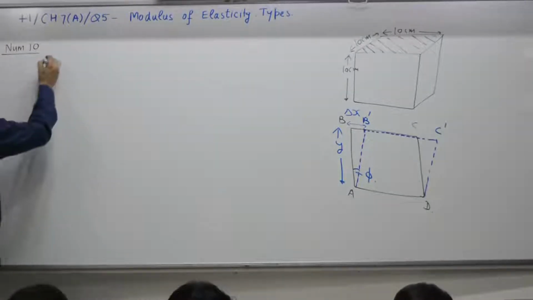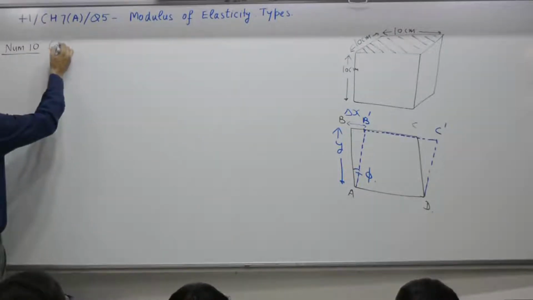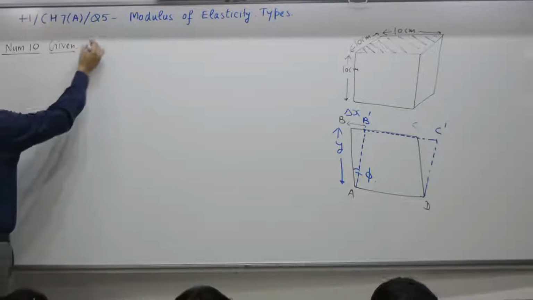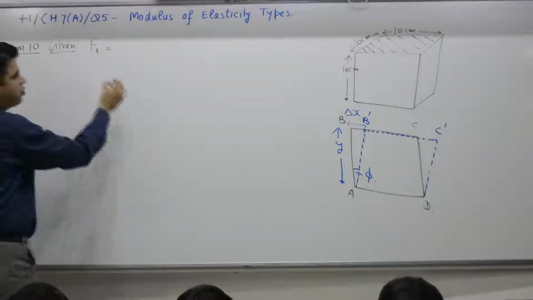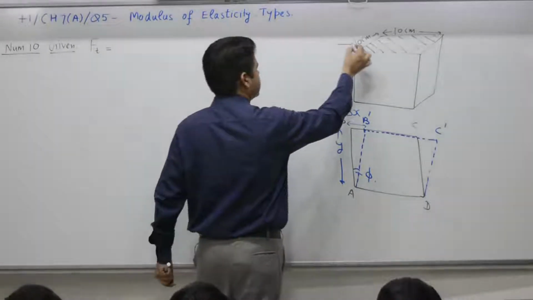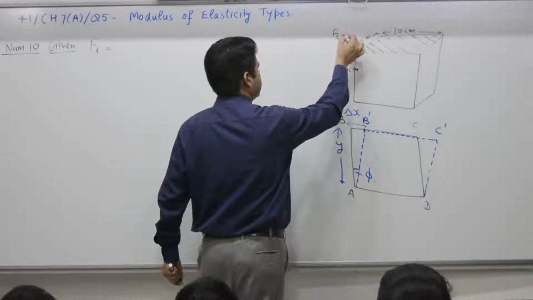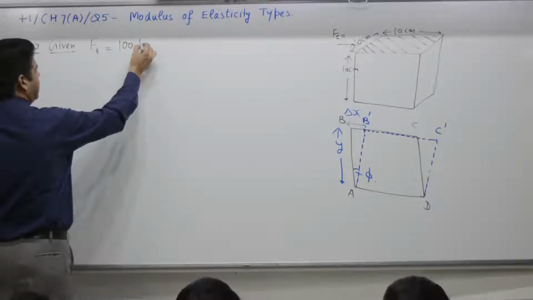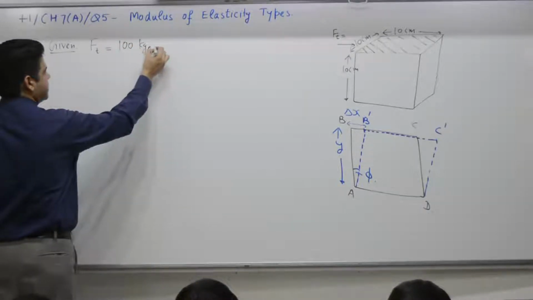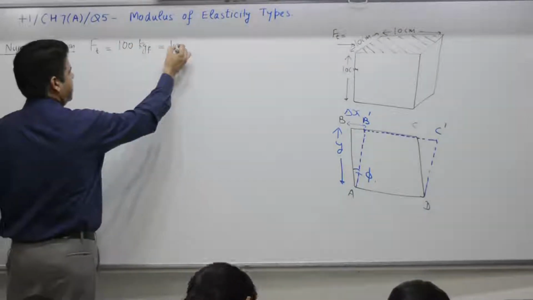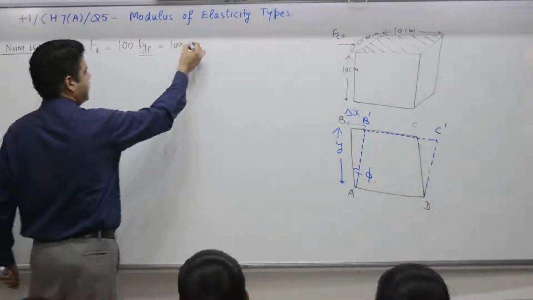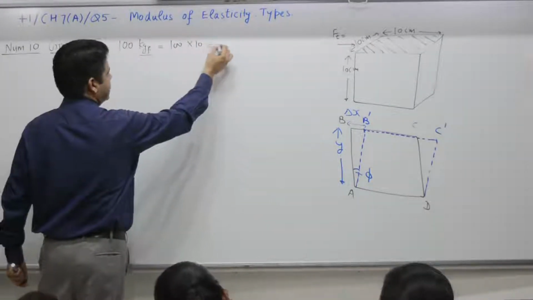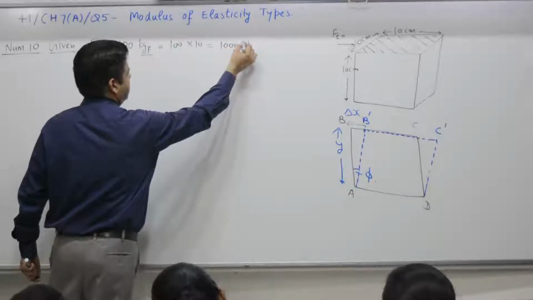First, what is given? Tangential force applied: 100 kilogram force or weight, same. 1 kilogram force is approximately 10 Newton, so the applied force is 1000 Newton.